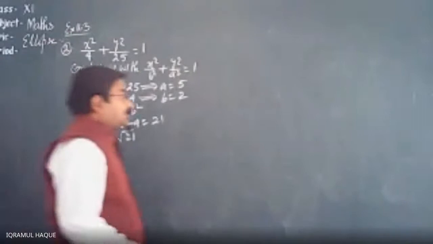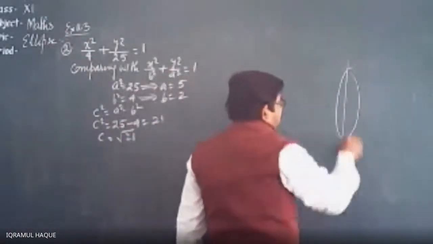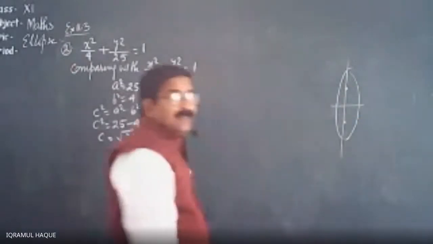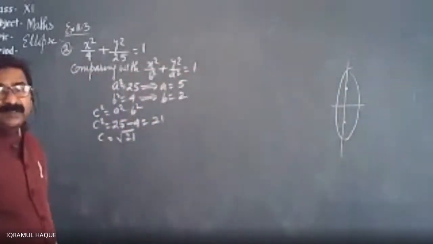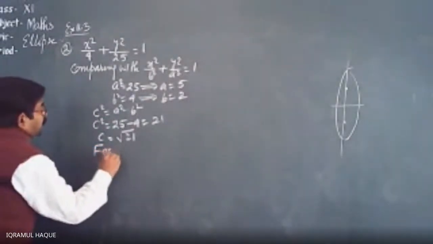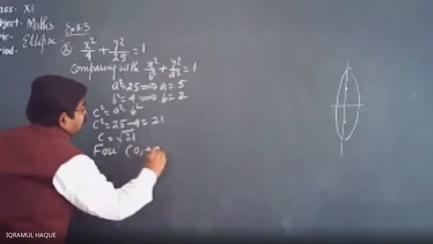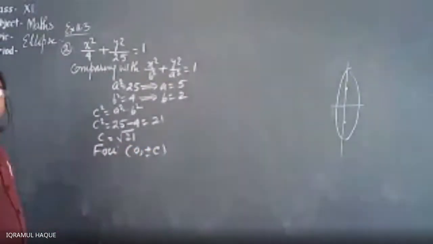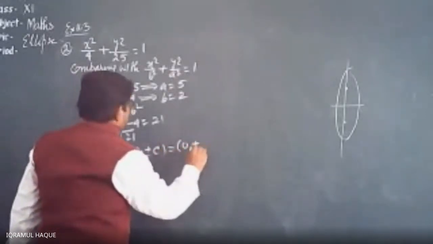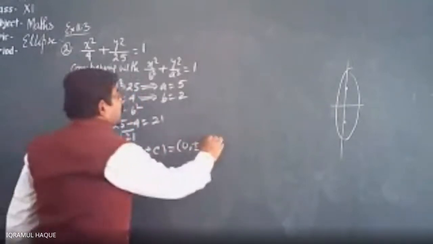Now, the ellipse is along the y-axis, so clearly the focus will lie on the y-axis. So write the foci: 0, plus minus c. So we have 0, plus minus root 21. This is the answer.